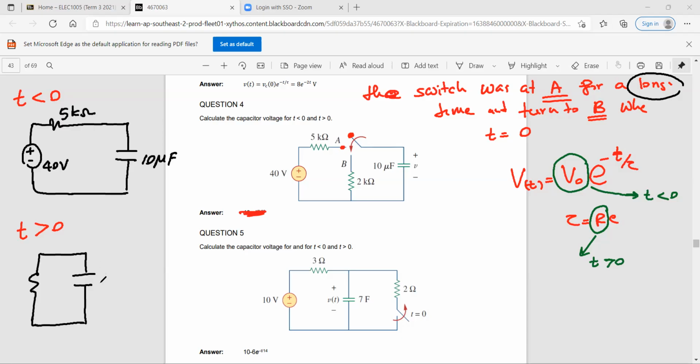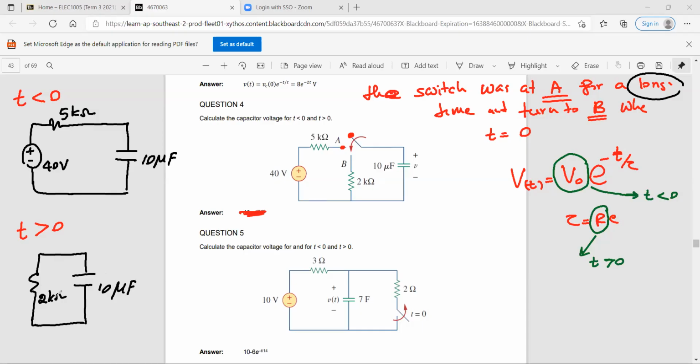So anyone have any question up to here? This is a very easy one when you understand. If you don't understand, you feel like this is very complex, but it's not that complex. It is one of the easiest questions that you get in the final exam.